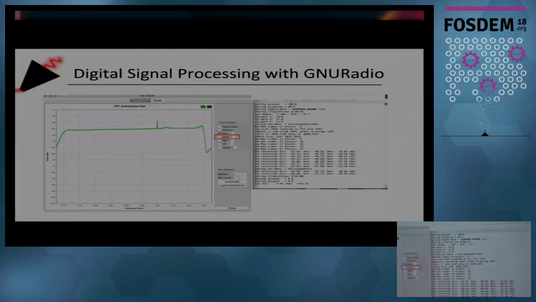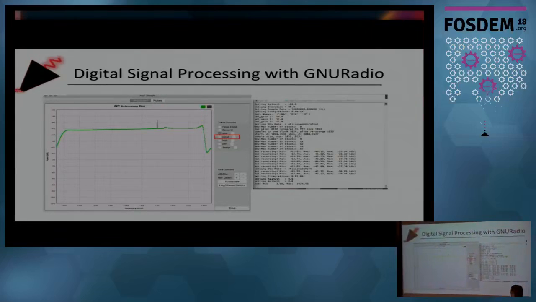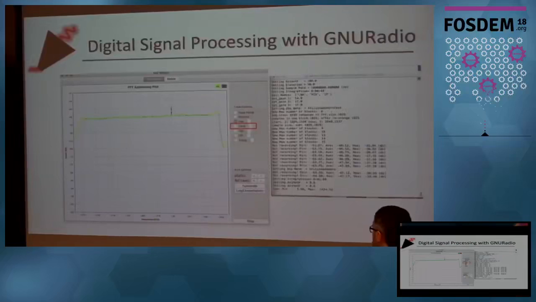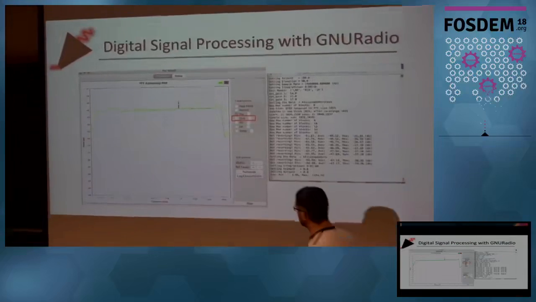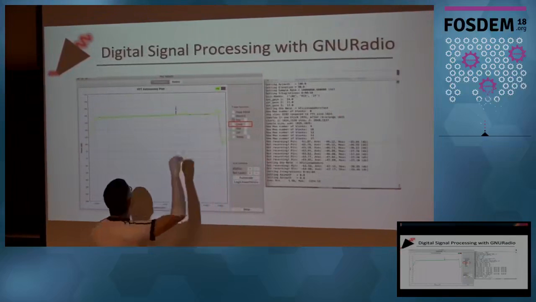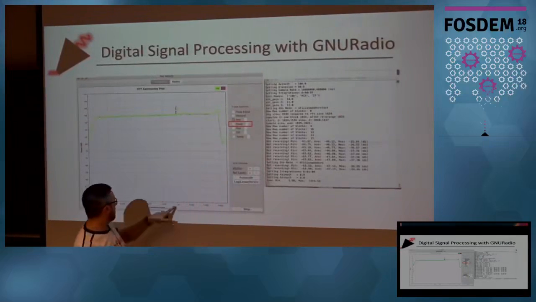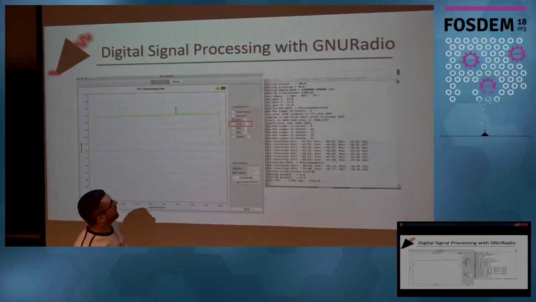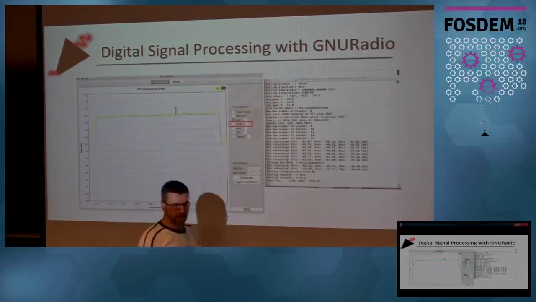And there you go. This is an FFT plot of the actual signal, and I don't know if you can see it, but there is a peak just above the noise at 1.4 something gigahertz, and that's where the hydrogen line is.